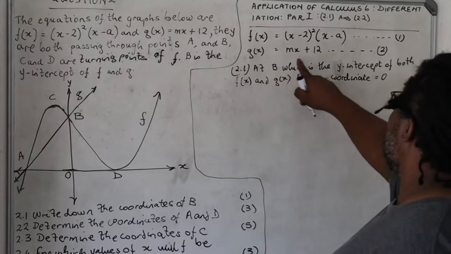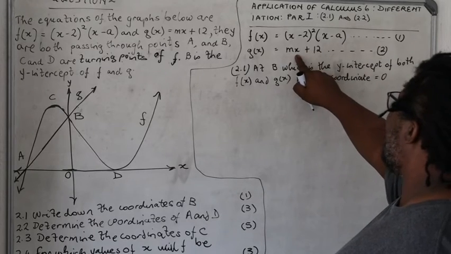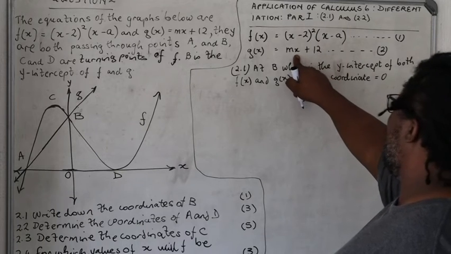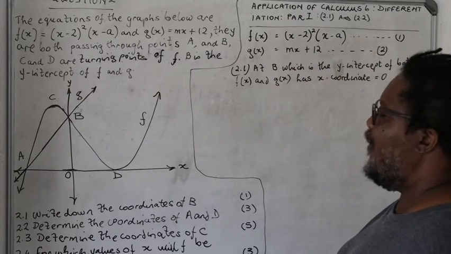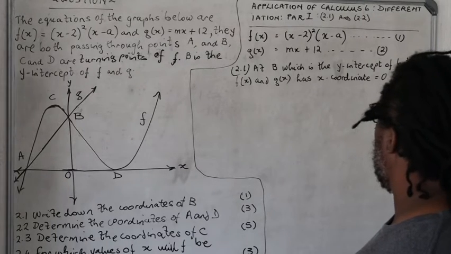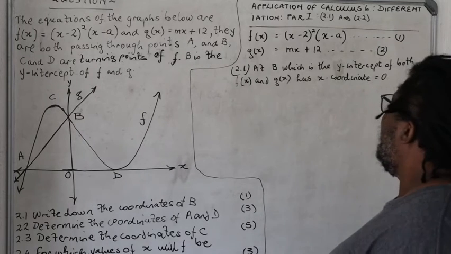If you look at your equation 2, we do not know m, but if we substitute x = 0 here, we do away with the m. In other words, we no longer have a problem with the fact that we do not know m.